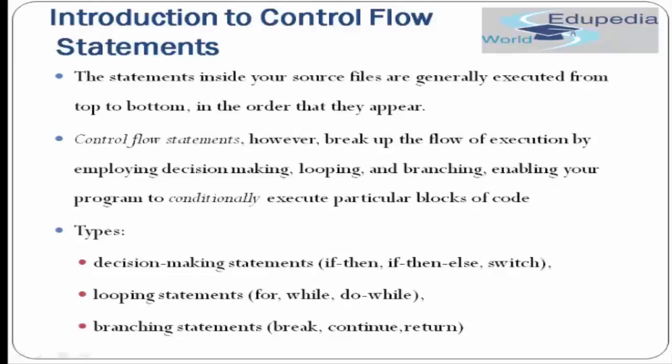We'll be covering each type, but in this tutorial, we'll concentrate on decision-making statements, and that too the if statements. So we'll be covering if, if ladder, and nested if-else. We'll be covering the if part. Okay, so let's begin.